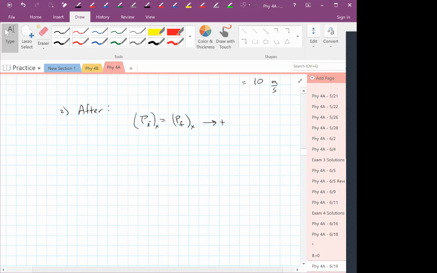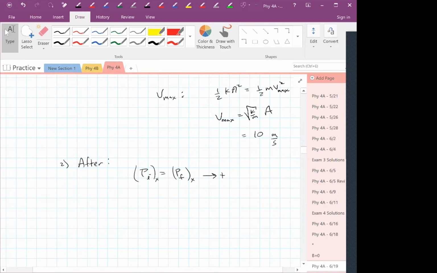The Earth gets in the way, right? The Earth gets in the way, and that messes us up. The Earth has infinite mass as far as we're concerned, so our momentum conservation doesn't work there. But in the x direction, which there's a frictionless surface, everything's free to move, we can use momentum conservation.